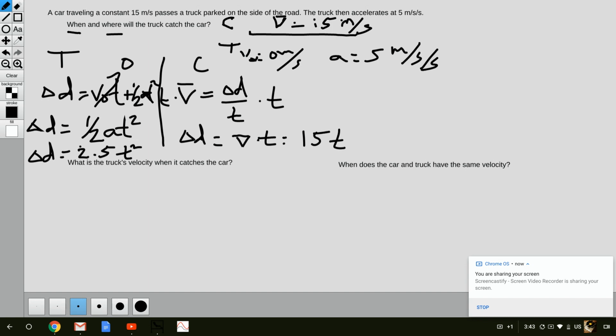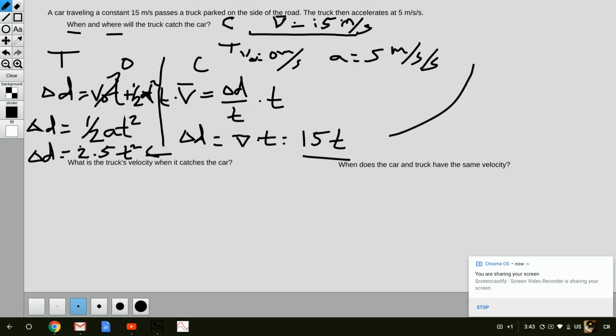Now, this is where we have some helpful information, because we know that when the truck catches the car, they are in the same place at the same time. So that means the displacement and time are the same. So now we have two equations here and here that both represent the same thing, and we can set them equal to each other.